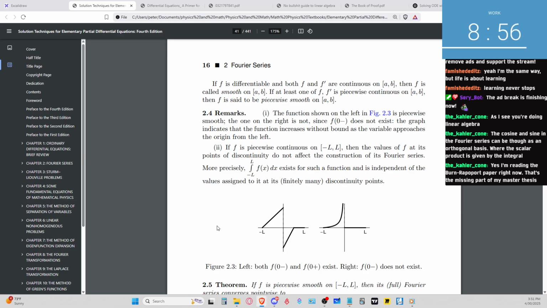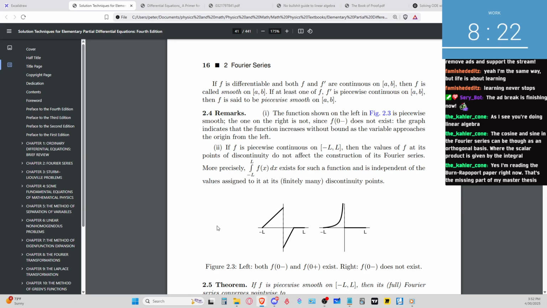The one on the left is piecewise smooth, and the one on the right is not, since f of 0 does not exist. Oh, okay. The graph indicates that the function increases without bound as the variable approaches the origin from the left.